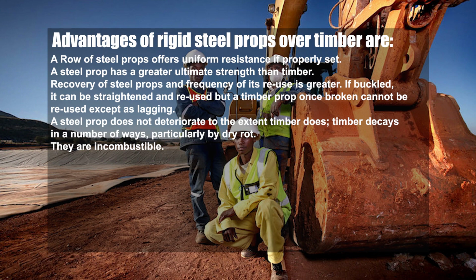If buckled, it can be straightened and reused, but a timber prop once broken cannot be reused except as legging. Next, a steel prop does not deteriorate to the extent timber does. Timber decays in a number of ways, particularly by dry rot. Next, they are incombustible.